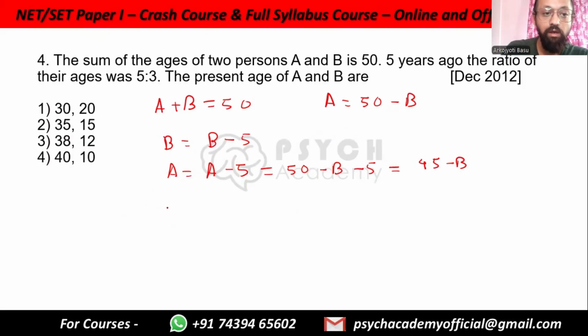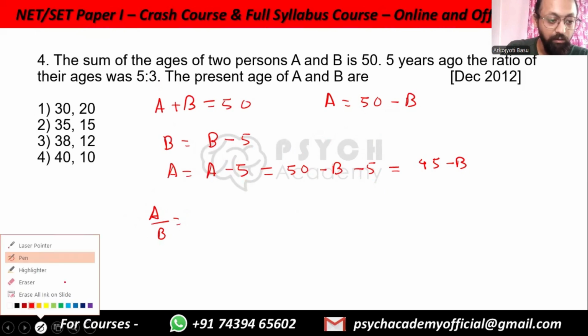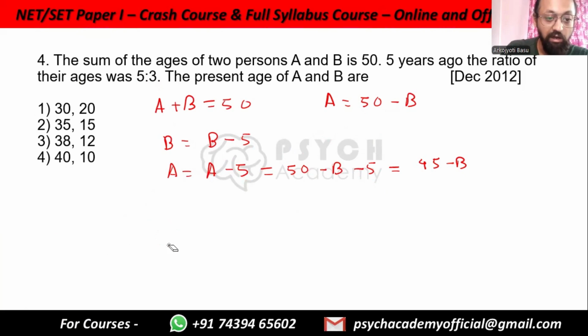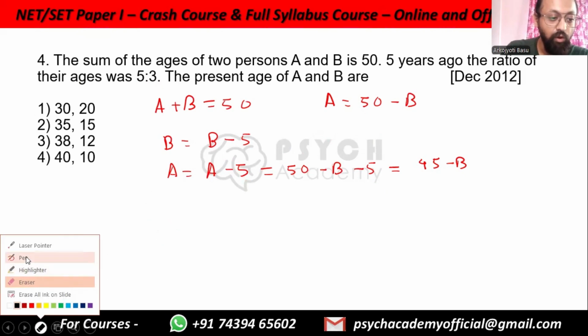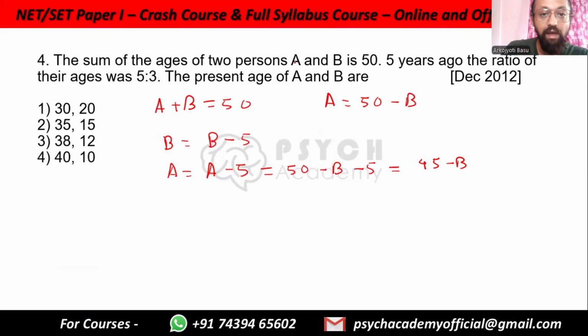Now the ratio of their ages 5 years ago was 5:3, so A is to B is 5:3. Notice the ratio is A is to B, so we have to take A's age first. So (45 minus B) by (B minus 5) is equal to 5 by 3.